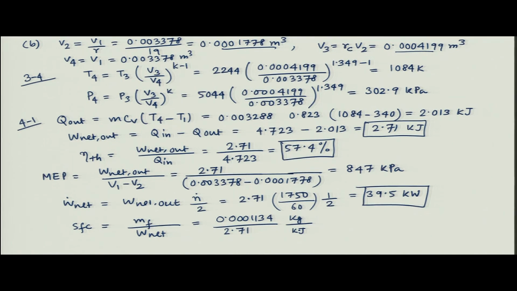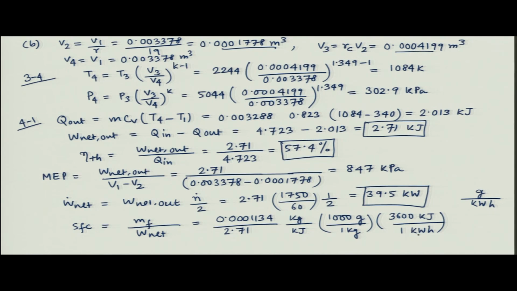Now you have to find it in gram per kilowatt hour. So, what I have to do, I will multiply this with 1000, so it will be in gram. Then I will multiply it with 3600 kilojoule divided by 1 kilowatt hour, right, because 1 kilowatt hour is 3600 kilojoule.